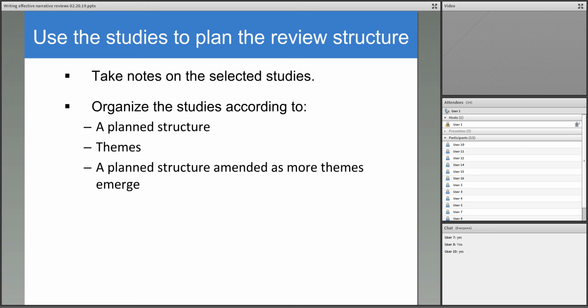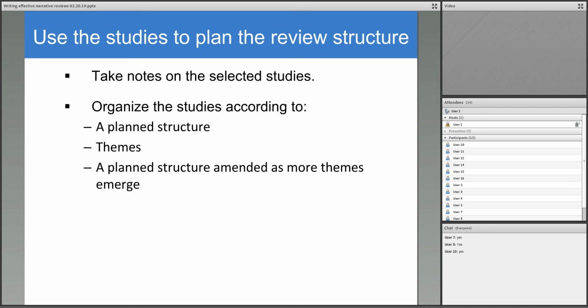This structure will later become the outline that guides the writing process. You can organize studies according to a planned structure if you have one in mind, according to themes you find, such as different aspects of the review topic, different study approaches, different findings, studies that formed a basis for other studies, etc. Or both of those.